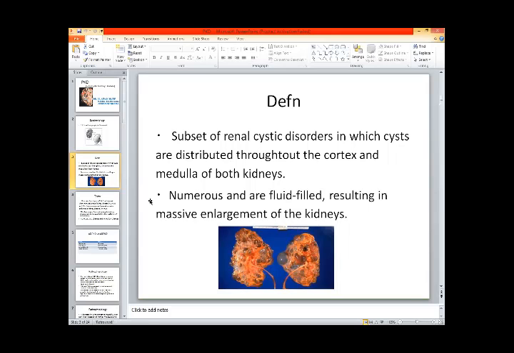In a clinical aspect, if kidneys are palpable in a patient, whether a young patient, an adult, or maybe a child, and both kidneys are palpable, think about other causes. One of the top causes is polycystic kidney disease.